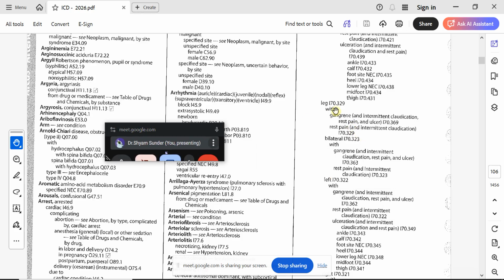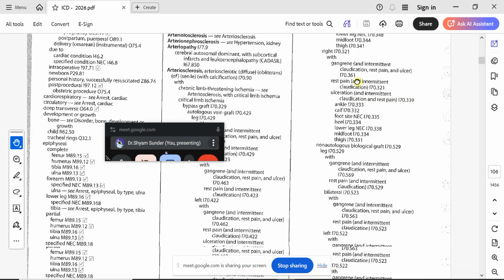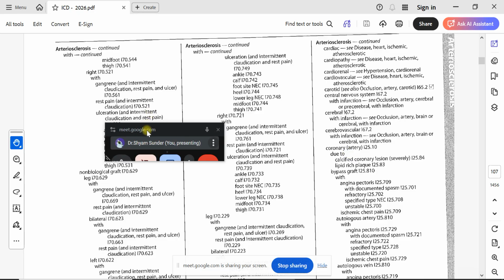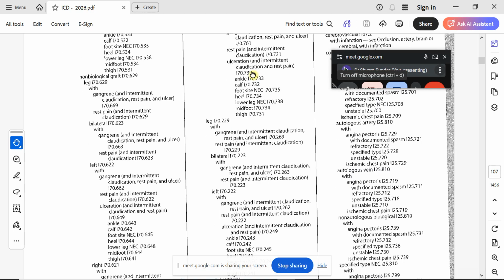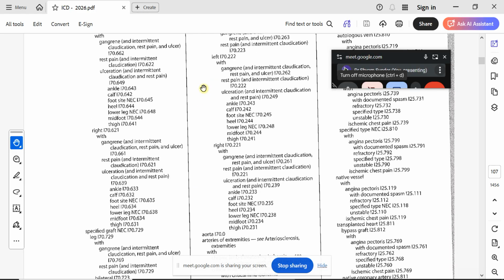Work with it very closely, otherwise you'll get confused. Can we learn how to read the index for this specific condition? Yes, you have to follow the indentation.